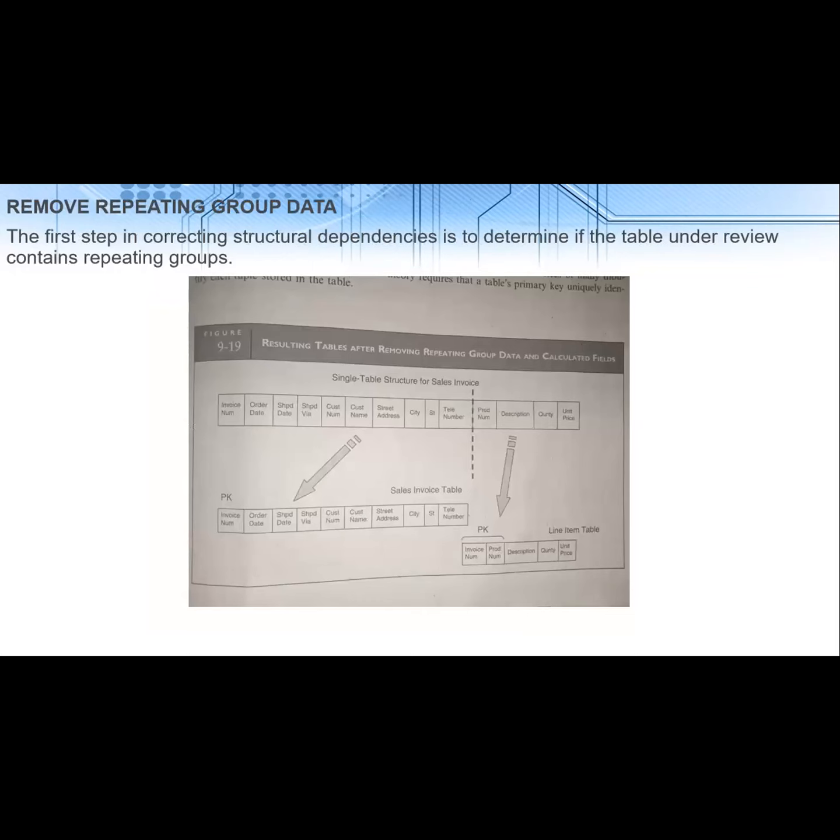The first step would be to remove repeating group data. The first step in correcting structural dependencies is to determine if the table under review contains repeating groups.